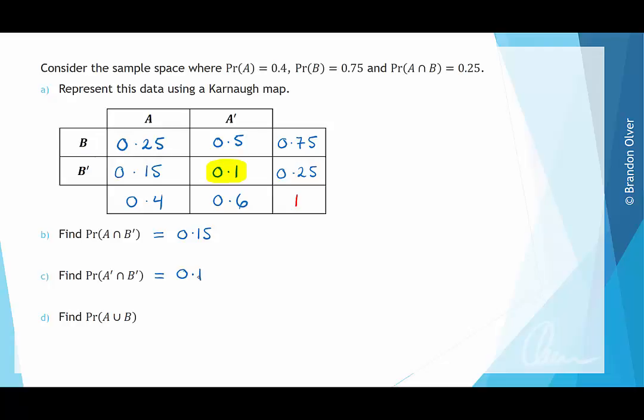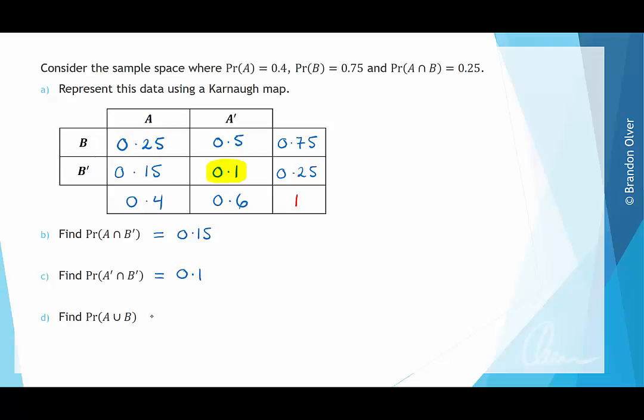Now the next question asks us to find the probability of A union with B. This is a little bit more tricky because none of the cells here represent that information specifically. But we can spot parts of this Karnaugh map that can help us. We know that all of this adds up to being 1.